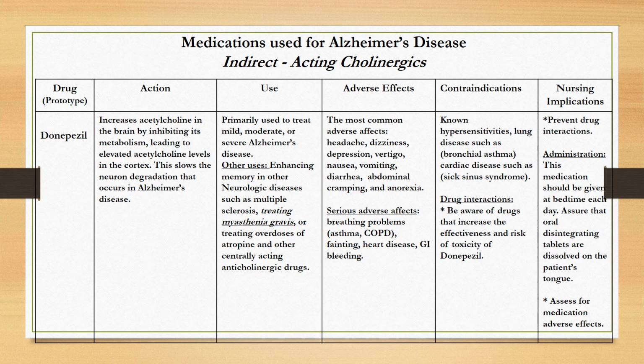And by doing that, we know we need to look at the drugs that the patient's on. With administration, we should give this medicine at bedtime each day, and be sure for the oral disintegrating tablet that they dissolve on the patient's tongue.